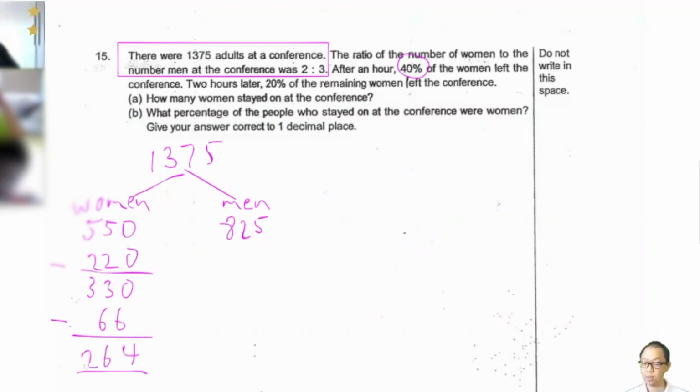So to answer part A, how many women stayed on in the conference? It's 264. Pretty simple.